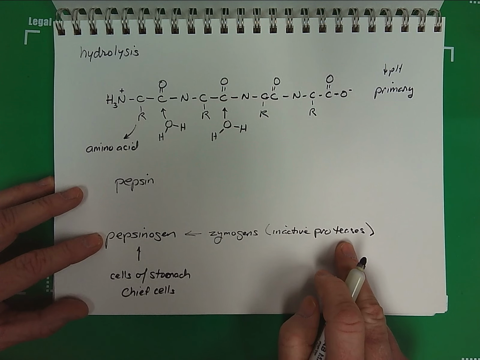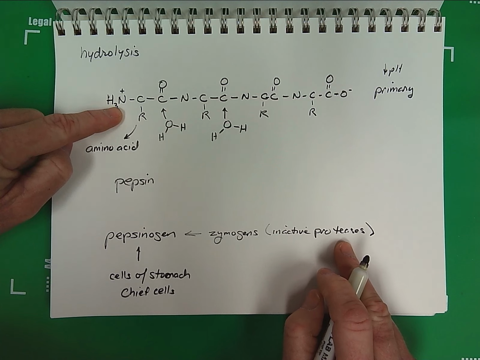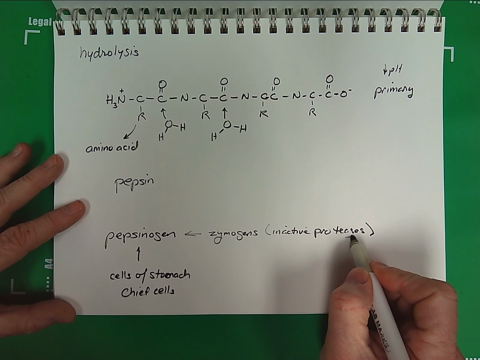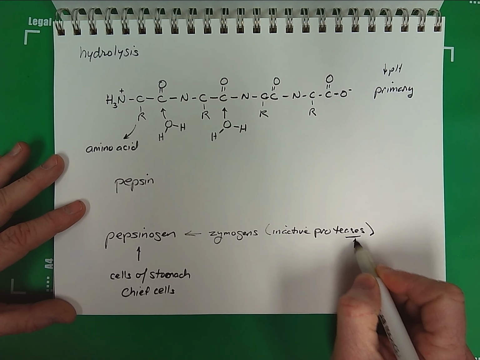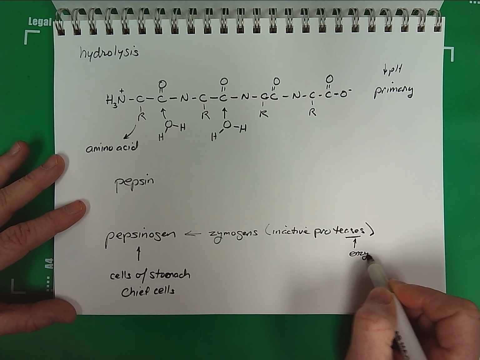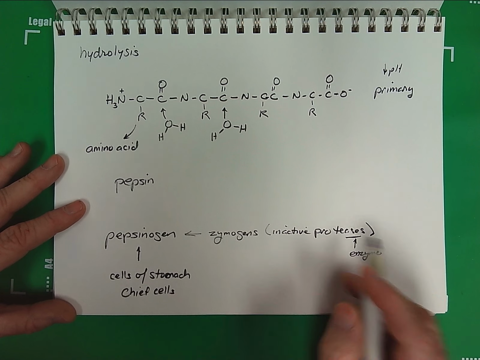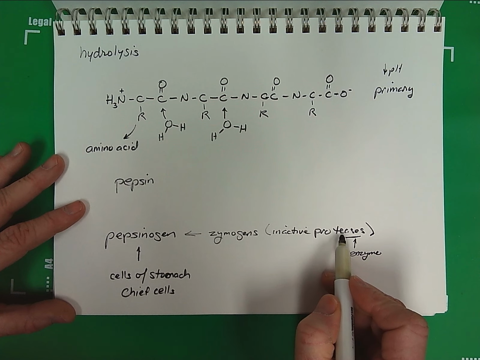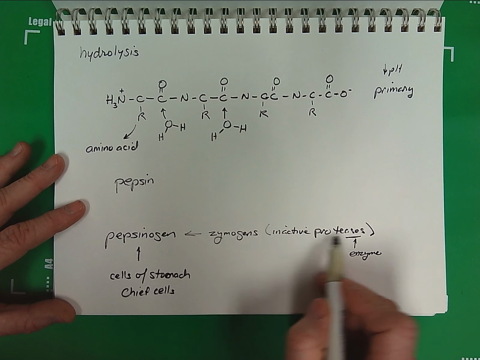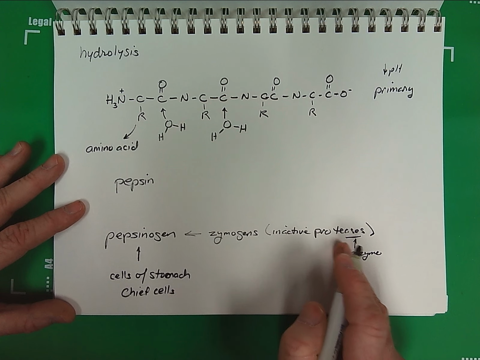Now, a protease is any type of enzyme that is able to digest and break down a protein. Remember, ASE, that suffix stands for enzyme, and the first part of the word, it stands for protein. So it's a protein-degrading enzyme.